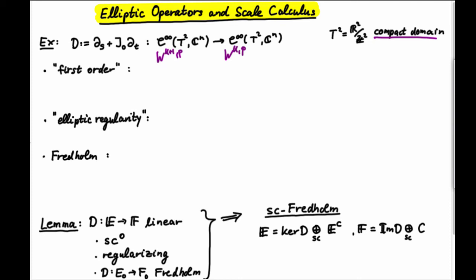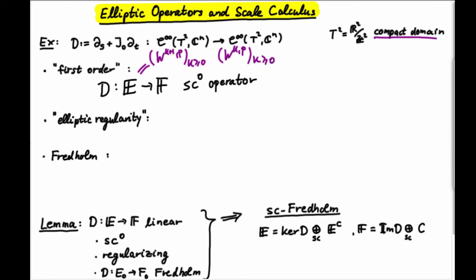So first order here really means I could say that D is in fact an sc^0 operator between some scale Banach spaces. Namely, E is this for all k bigger or equal to 0, and F is this for all k bigger or equal to 0.